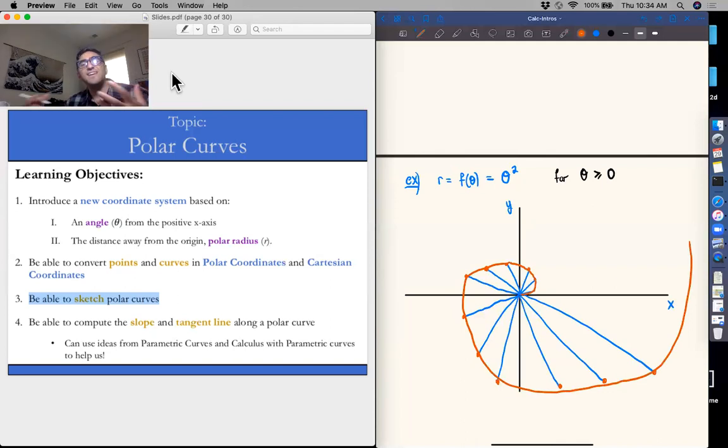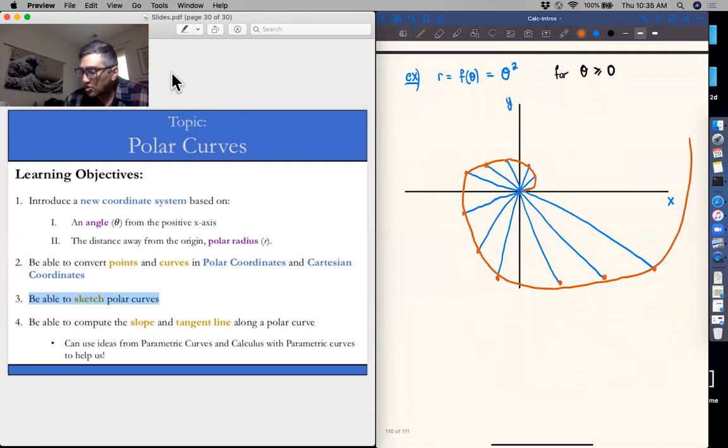Where actually, as theta gets larger and larger, when we square it, ultimately r is going to keep increasing. And as we keep going around and around, because theta can just keep going, 0 to pi, there's no reason we couldn't go 2 pi to 4 pi, 4 pi to 6 pi, 6 pi to 8 pi, and so on and so forth.